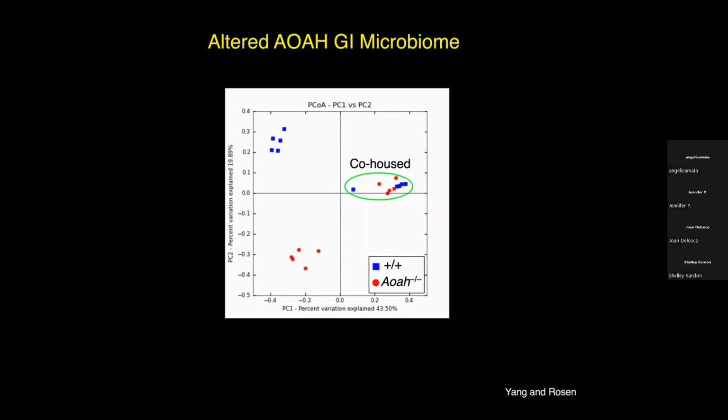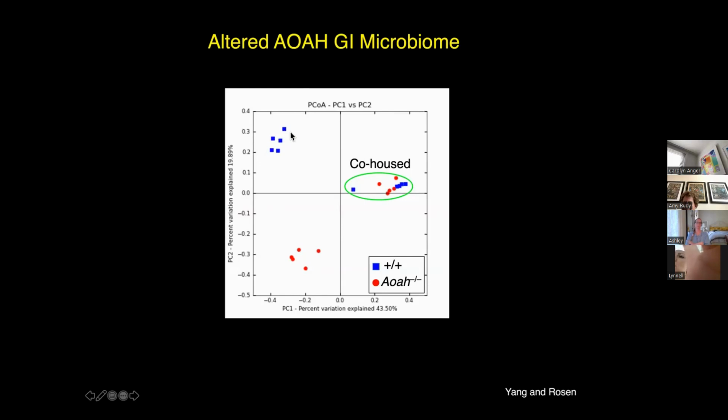So think of comparing a Brazilian rainforest with a forest in upstate New York, and reflecting all of that diversity in the flora and fauna as one point in space. All right, and what we can see from this is here's the microbiome of normal mice versus our AOH mice with the big cecum, and they do indeed have very different microbiota.